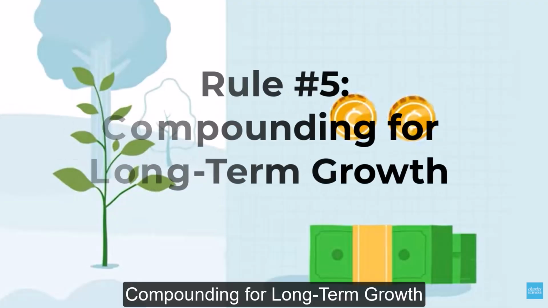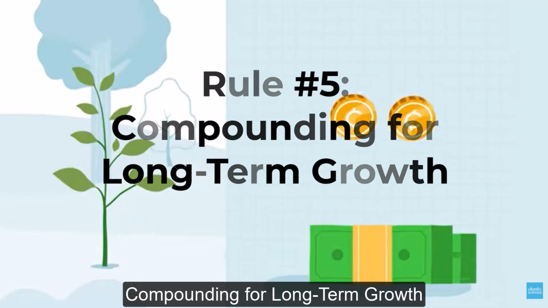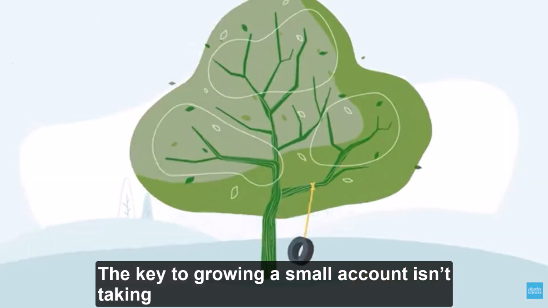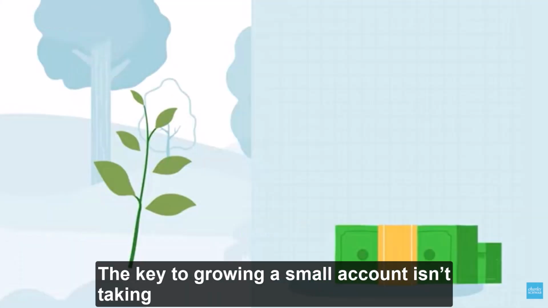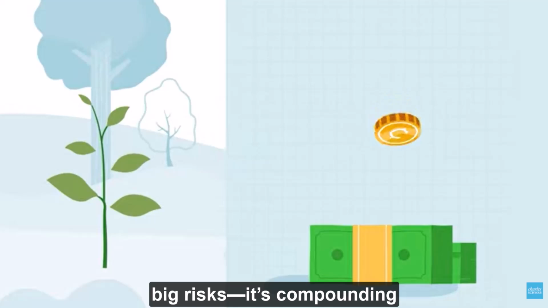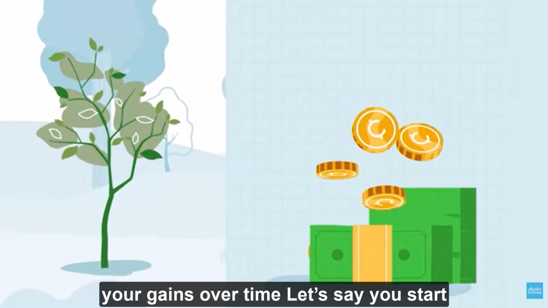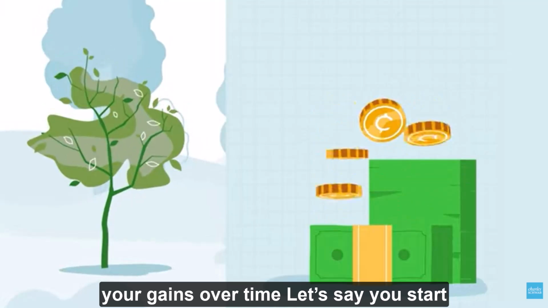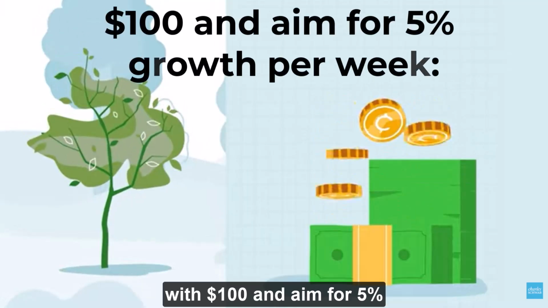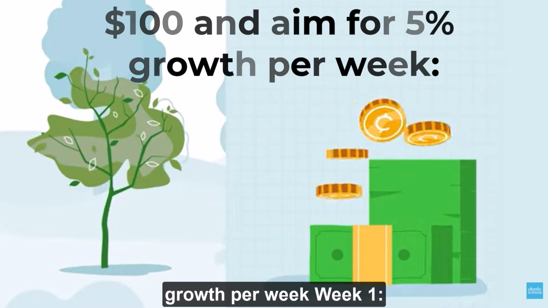Rule number 5. Compounding for long-term growth. The key to growing a small account isn't taking big risk, it's compounding your gains over time. Let's say you start with $100 and aim for 5% growth per week.